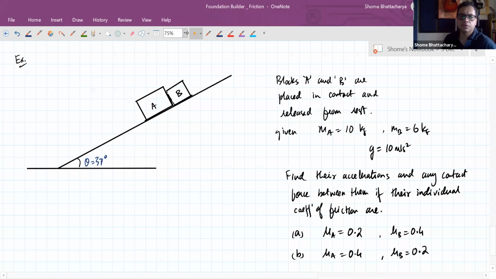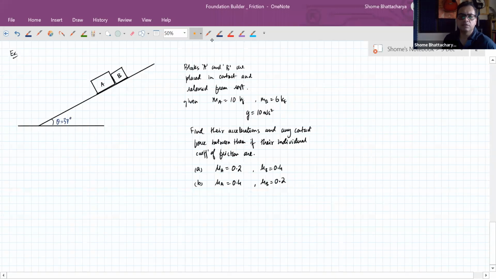To start working on this problem, the hint I will give you is to start with the free body diagrams of the two blocks and try to understand whether they will remain in contact and move with a common acceleration, or one will move faster than the other.